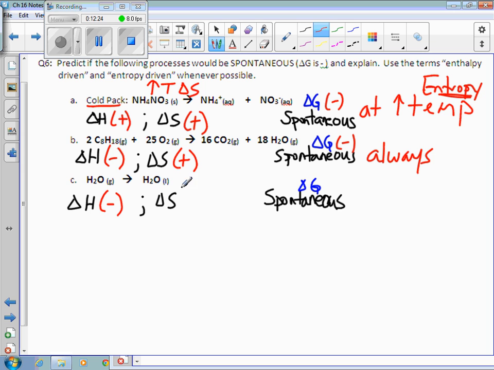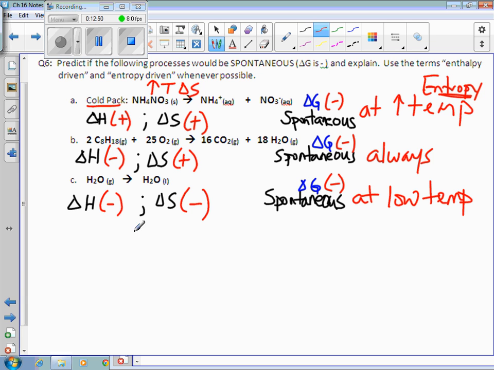Clearly, there's not as much disorder in a liquid sample as in a gas sample. So the disorder is going to be negative. All right, so of course this is our classic case of negative, negative, same sign, same sign. So that means it can be spontaneous, but it's going to be temperature dependent. Negative, negative, low temp. Okay, so delta G is going to be negative at low temp.